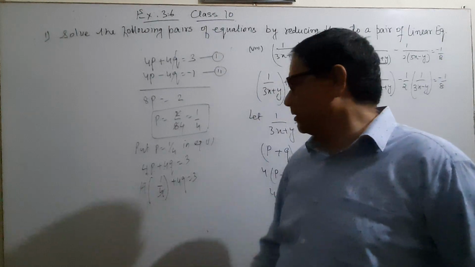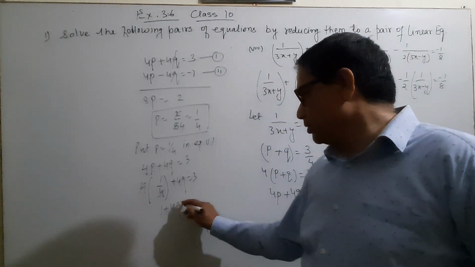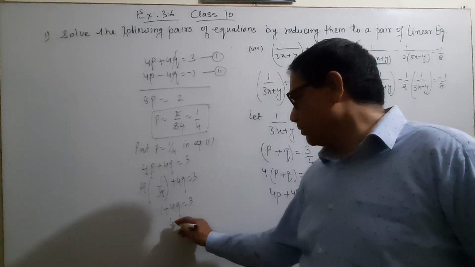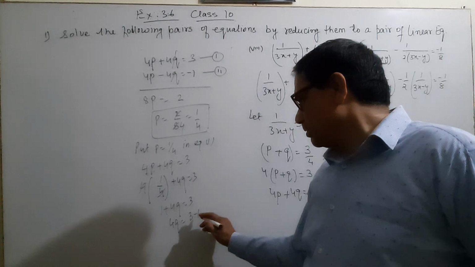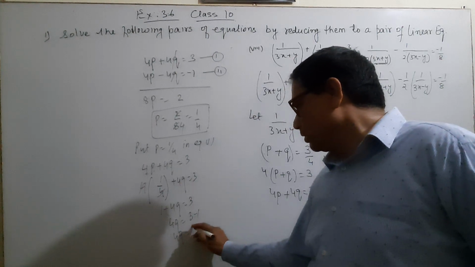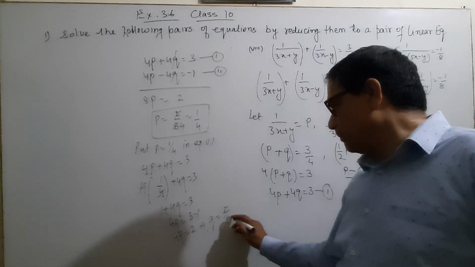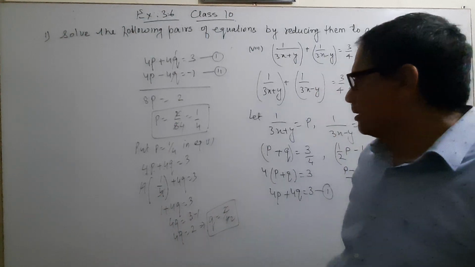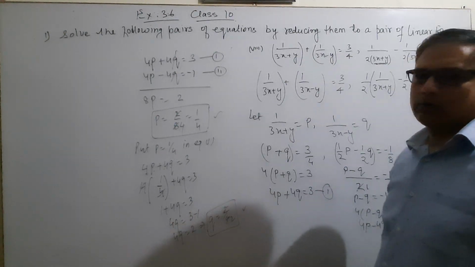This 4 will cancel. What is left? 1 plus 4Q is equal to 3, so 4Q is equal to 3 minus 1, which is 2. Then Q is equal to 2 by 4, which is 1 by 2. P is equal to 1 by 4, Q is equal to 1 by 2.